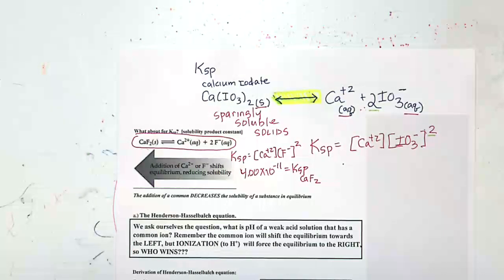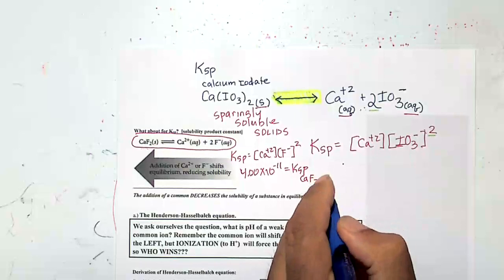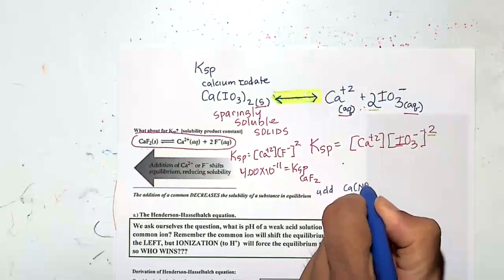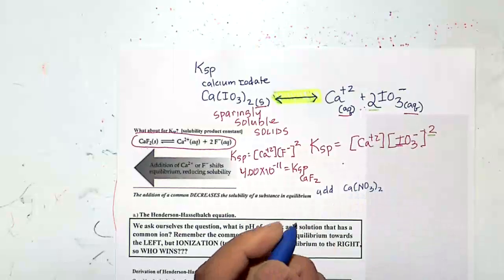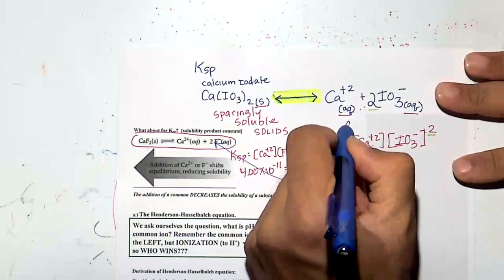All right, what happens if I add calcium nitrate? All nitrates are soluble. So what happens if I add calcium nitrate here, any, like 0.2 molar or whatever molar? What happens if I add calcium nitrate to this and to this?